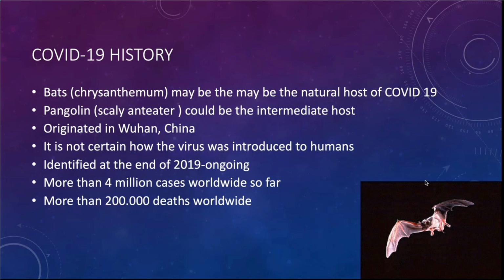And then it is also believed that this animal called the pangolin, which is a scaly anteater, could be the intermediate host. This animal is used in China for traditional Chinese medicine. It originated, of course, as we know, in Wuhan, China. It is not certain how the virus was introduced to humans, and there is a lot of controversy going on around that.